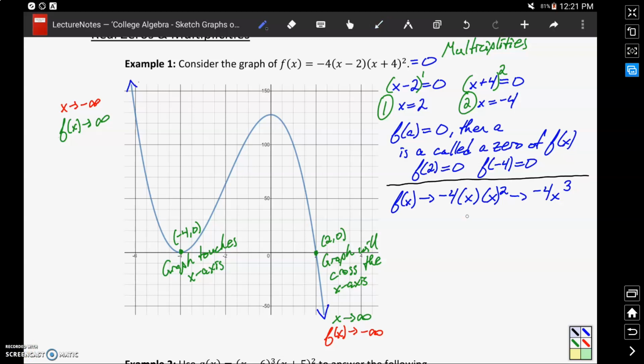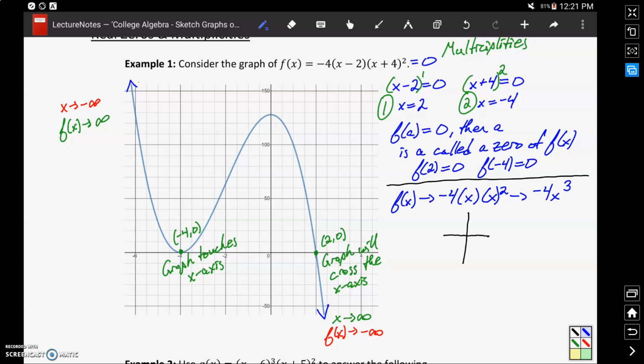Since we know that our function for very extreme values of x is mimicking the behavior of x cubed, we know that our graph is approaching the opposite values in each direction.